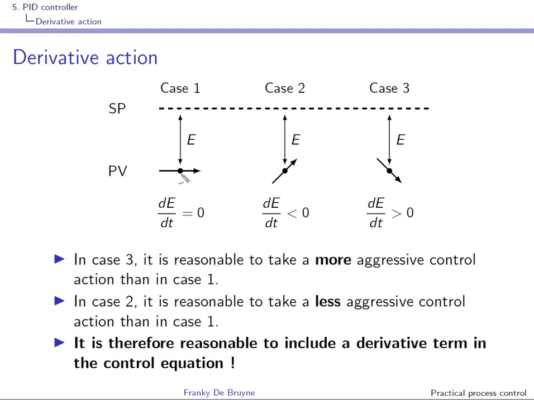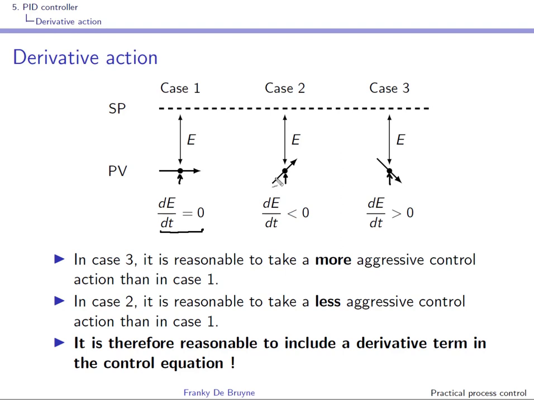The three cases are the situation that you have at this particular time instant, this one, and this one. In case 1, PV is more or less constant in this neighborhood, it does not move, so the error is constant, so the derivative of the error is 0.